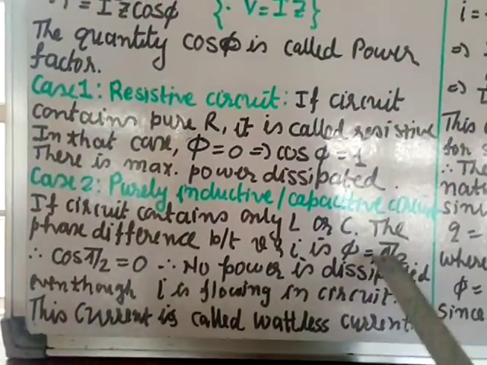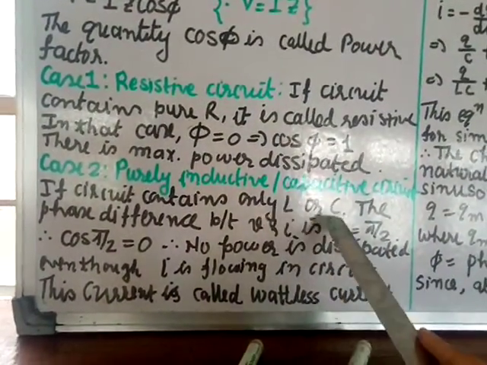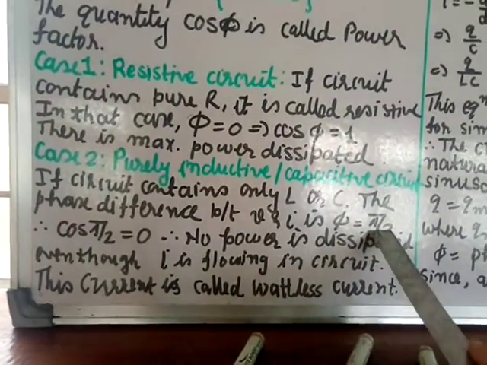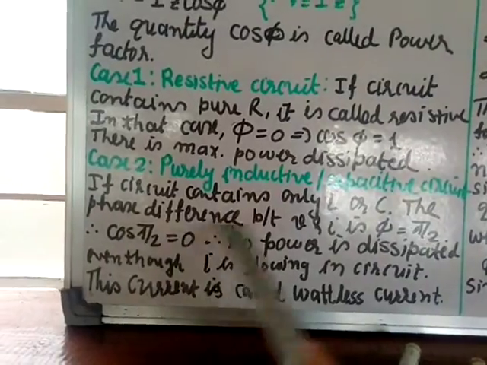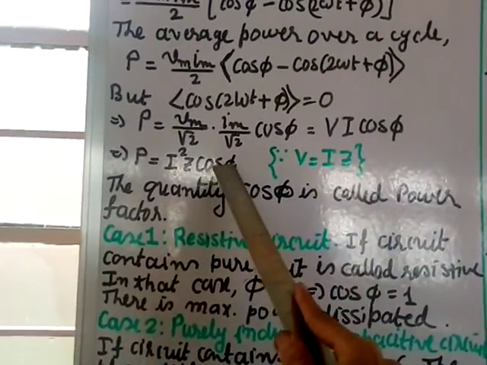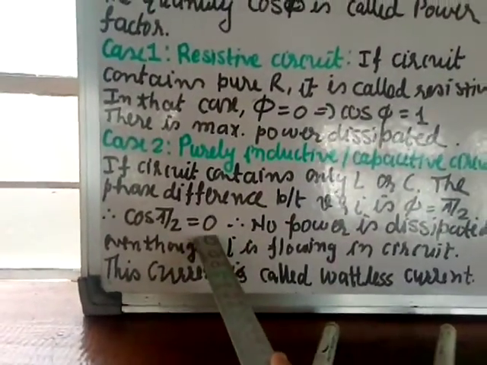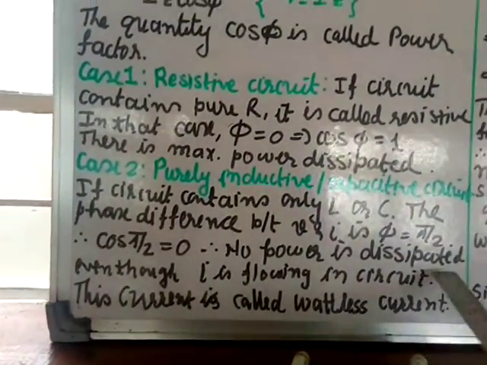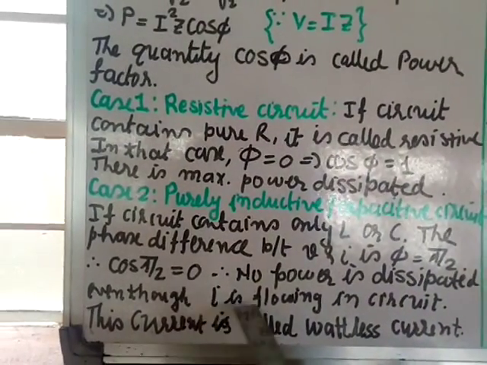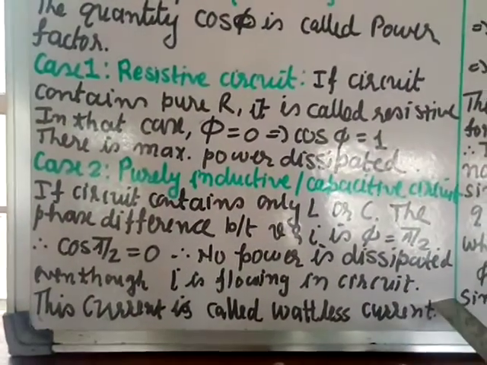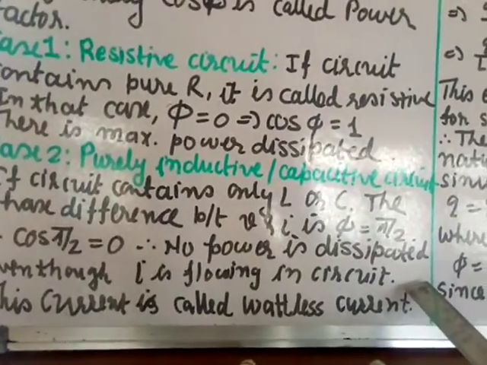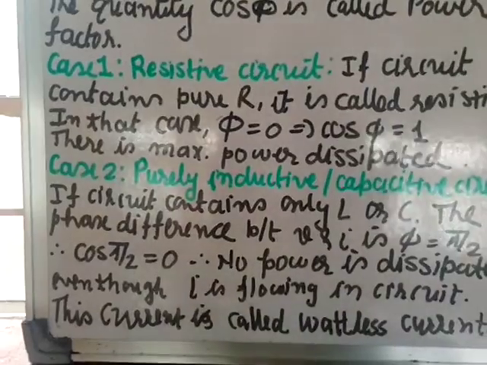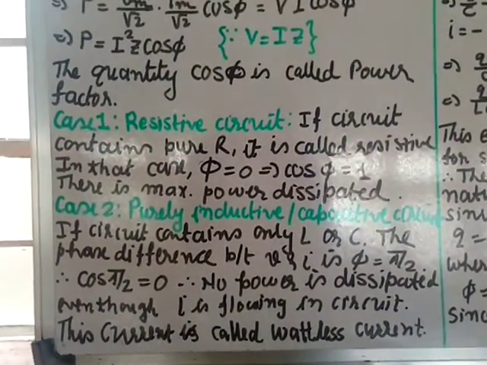We have done this: in a purely inductive or capacitive circuit, the phase difference between V and I is π/2. Cos π/2 is 0, that means no power is dissipated, even though current is flowing in the circuit. This current is also called wattless current, because current is flowing but no power is dissipated.